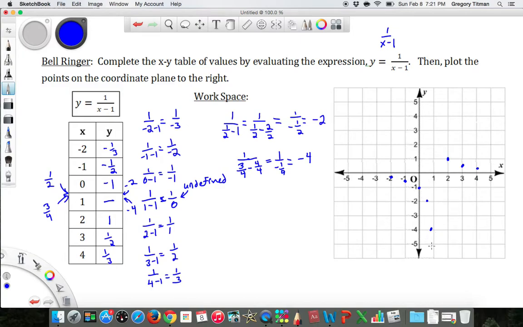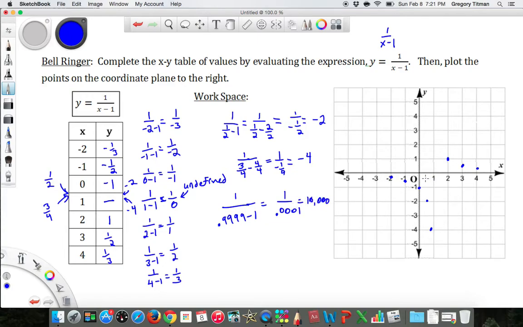If I picked a point so close to 1, like if I tried x equals 0.9999 minus 1, well, that's going to give us 1 over 0.0001. So tenths, hundredths, thousandths, 10,000ths. So that's actually 10,000.